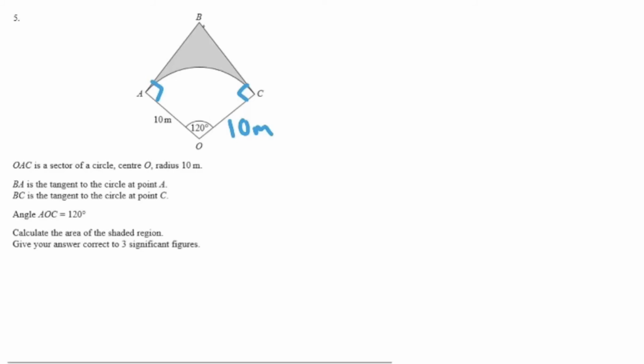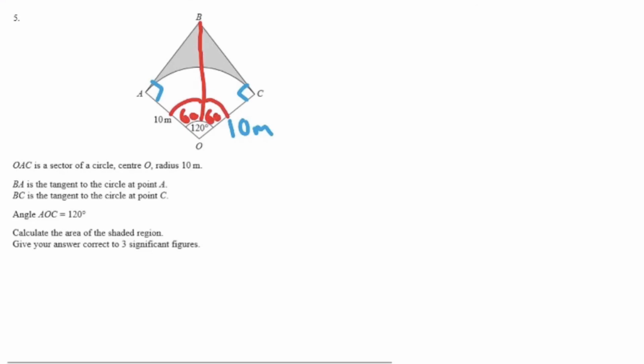Well, if we were to just split this down the middle here in what's meant to be a straight line, we make 2 right-angled triangles, where this now is going to be 60 degrees on each side.